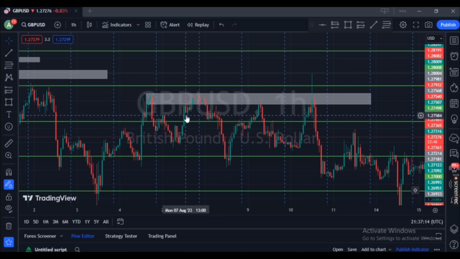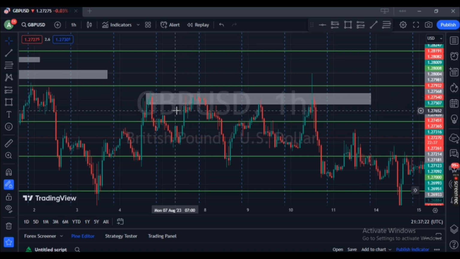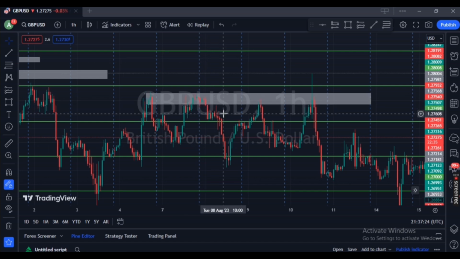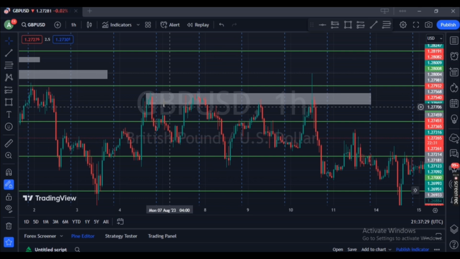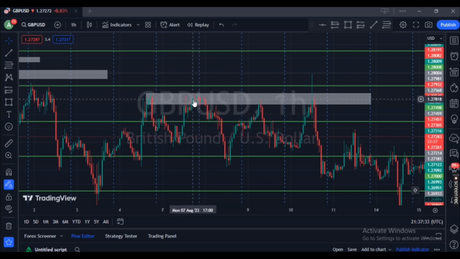There are two ways in which we trade the support and resistance level, either breakout or reverse. So guys, let's first talk about the reverse. Here the market reversed from the resistance level three times. The first one, we can see the market came back to the resistance level and it started to react.